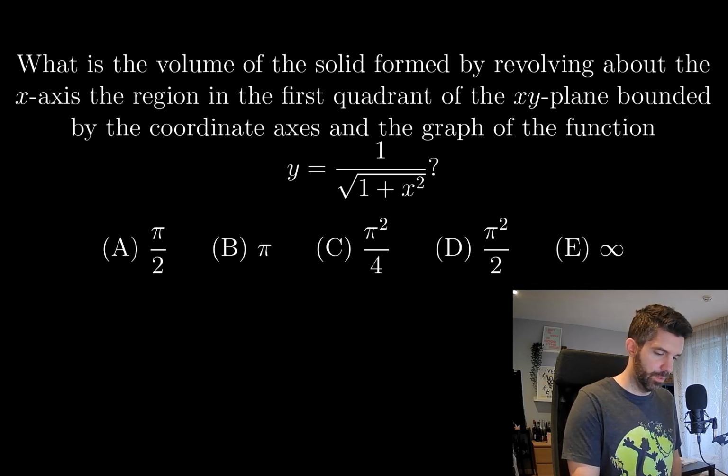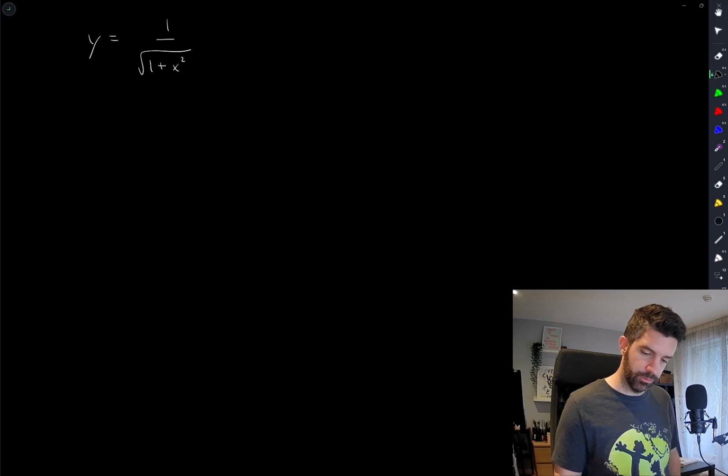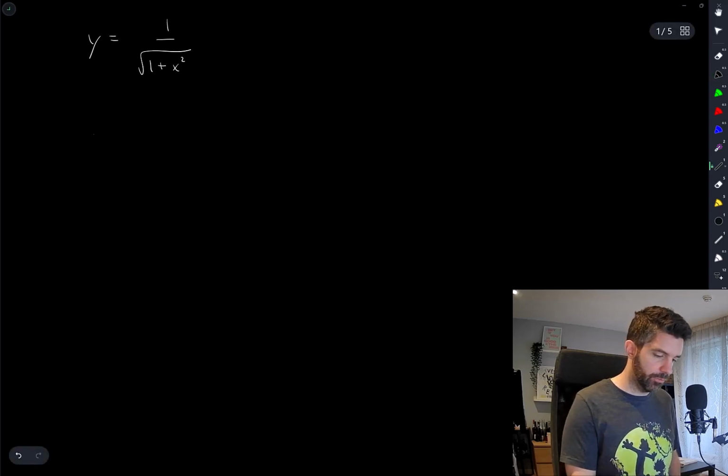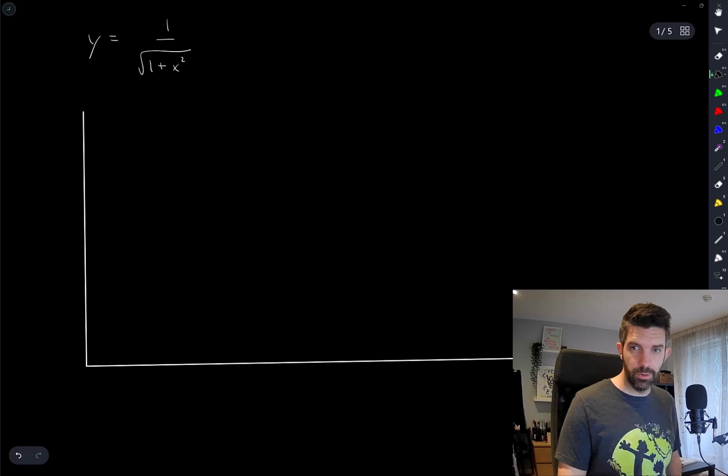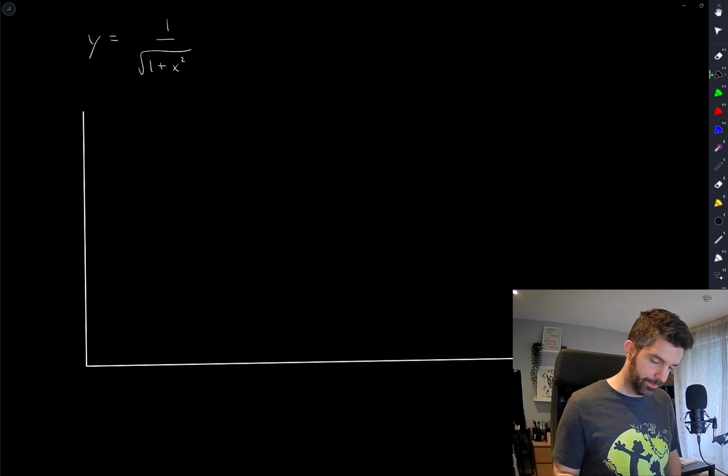So I think the first thing we might do is just plot this function, get an idea of what it looks like. We're only concerned with the first quadrant, as it says, and it's being revolved around the x-axis.